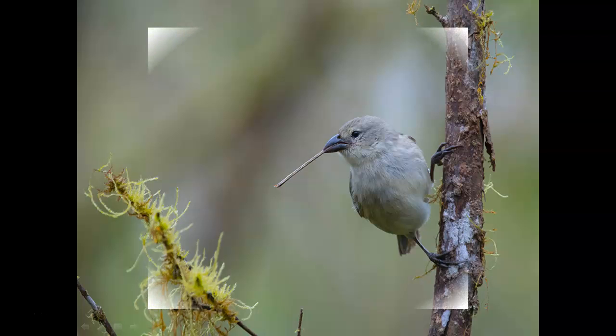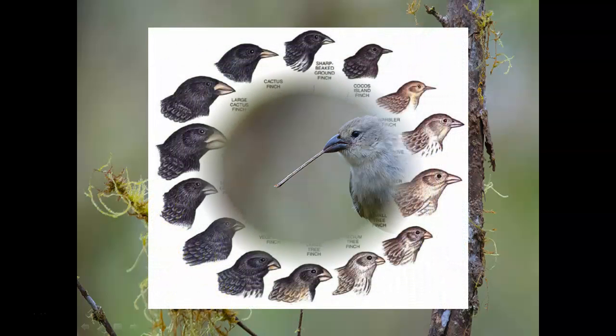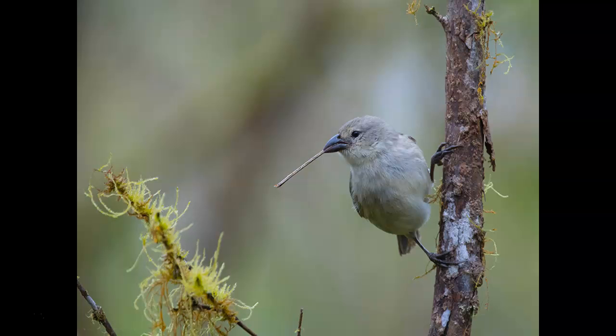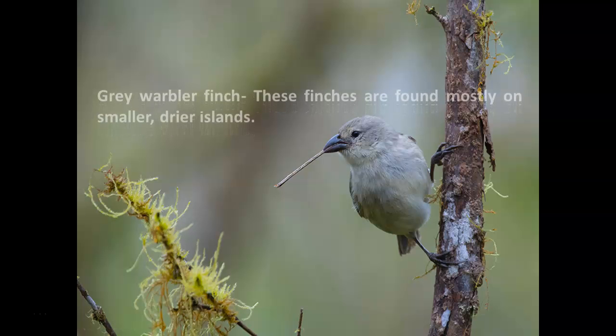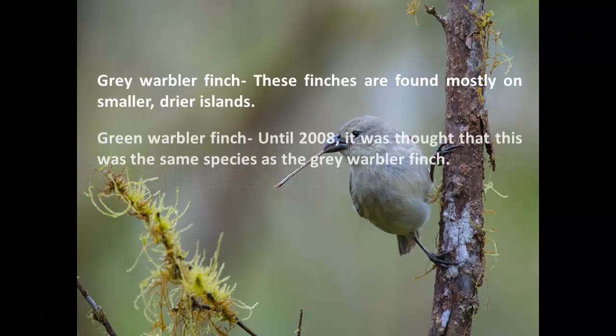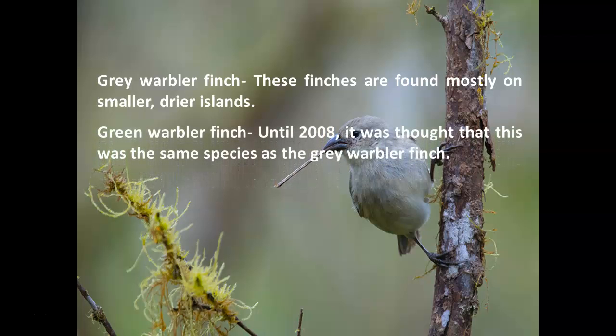Now, we are going to discuss various species of finches in Galapagos. Grey warbler finch. These finches are found mostly on smaller, drier islands. Green warbler finch. It is a vulnerable species. Until 2008, it was thought that this was the same species as the grey warbler finch.